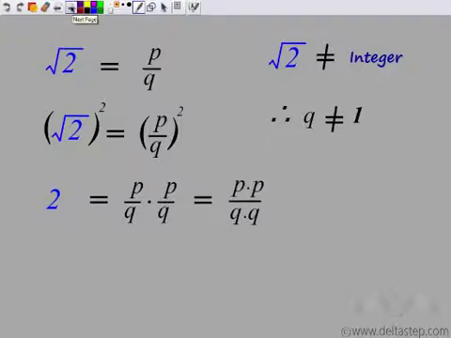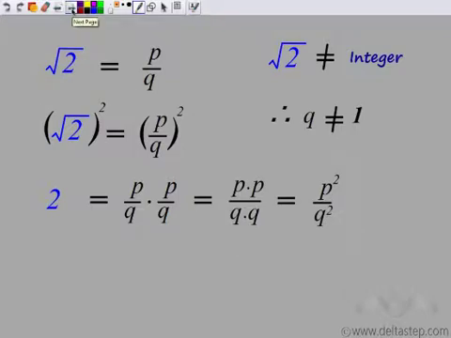I can write this as multiplying the numerators and multiplying the denominators, which is p times p upon q times q. Now p multiplied by itself 2 times is nothing but p squared, and q multiplied by itself 2 times is q squared. So we see that we can write 2 as p squared by q squared.